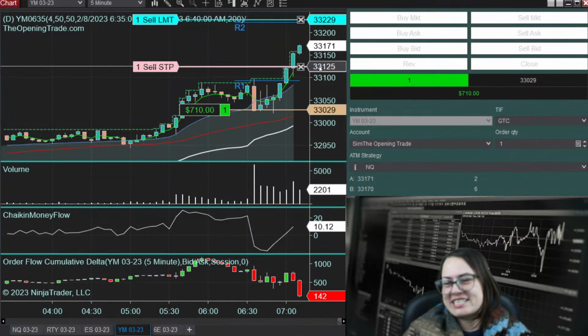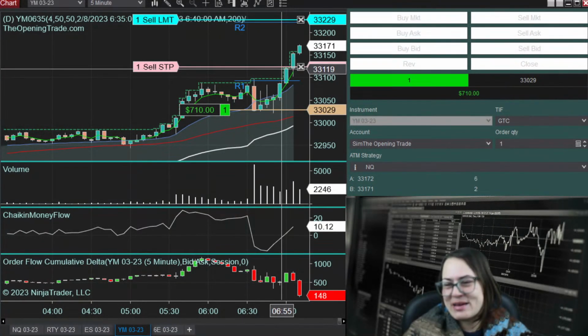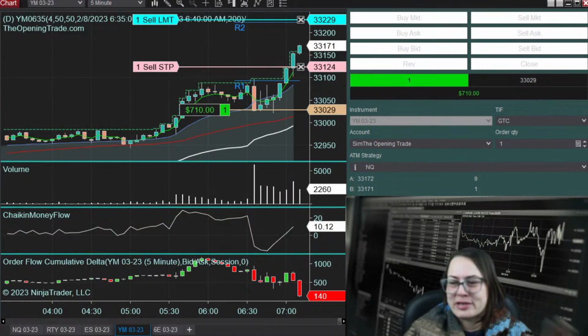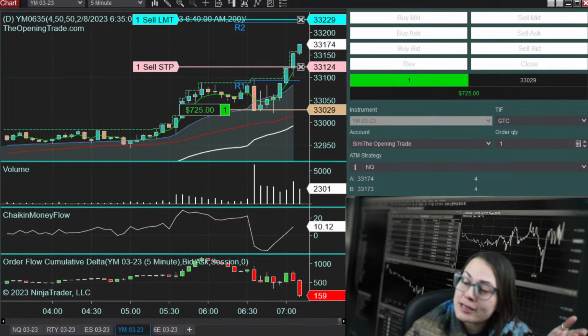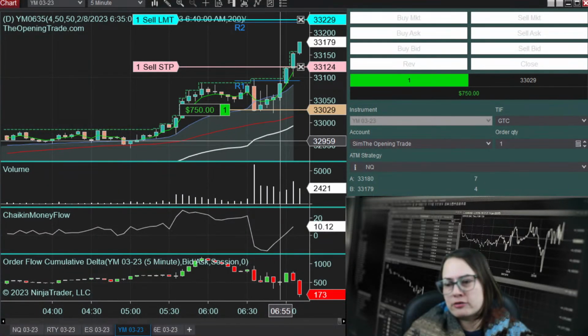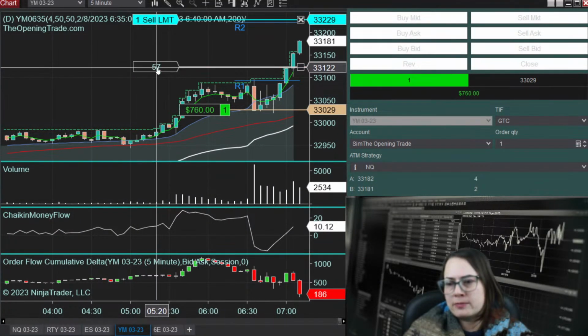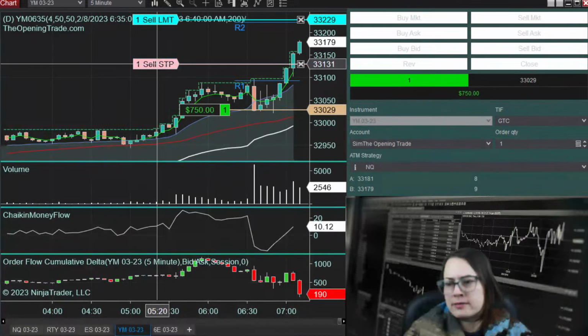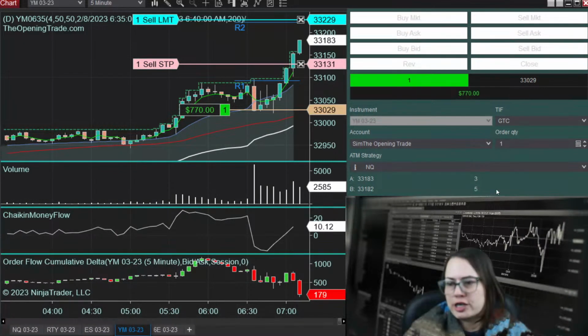So we just moved our red line up, which took us out of the automated trade. But if I was in the automated trade, nothing would be different, except for the red line would be way down here where it was. And I'm just moving it up a little bit at a time, because we've been in a long trade now. We're finally getting close to that blue line.